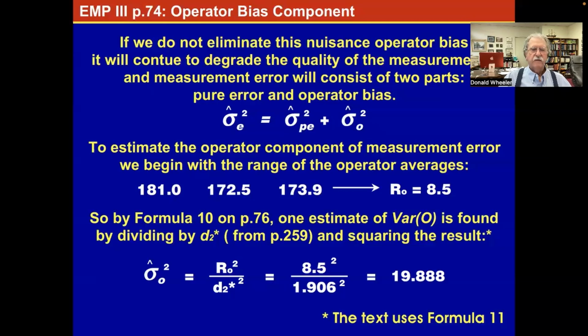So that's 8.5 divided by 1.906 and the whole thing squared, 19.888. Now, in the textbook, I use a slightly different, more complex formula, but there are so few degrees of freedom here, it really doesn't matter.